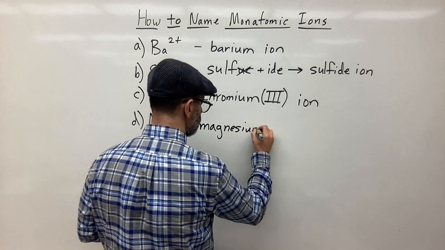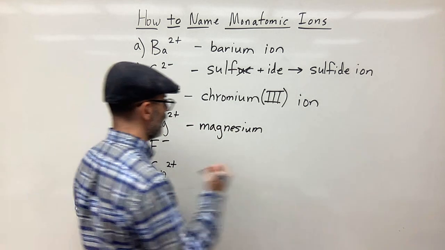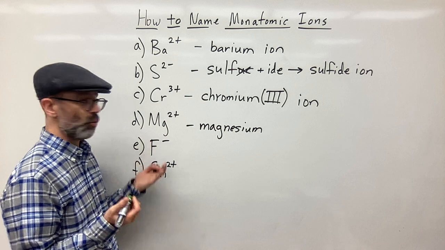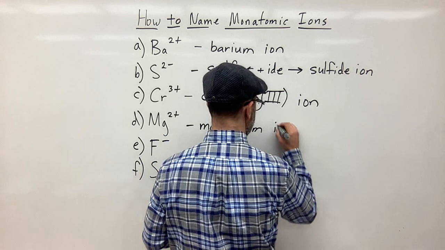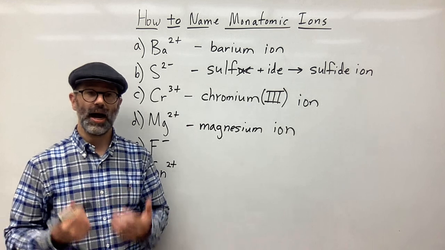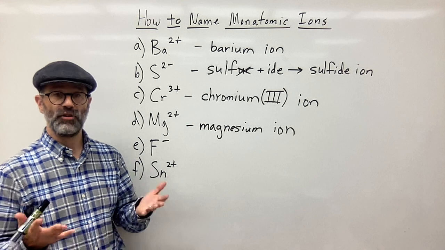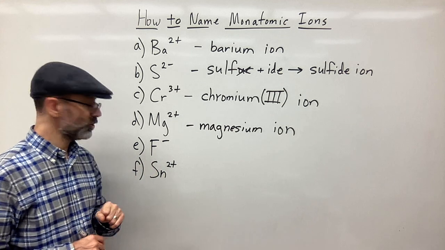It's got a 2 plus charge because it's in group 2, so we should know it has a 2 plus charge on it. We're not going to use a Roman numeral, so we're just going to tag on the word ion. So magnesium ion.